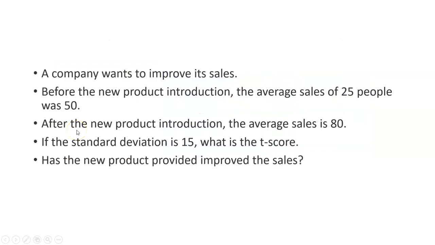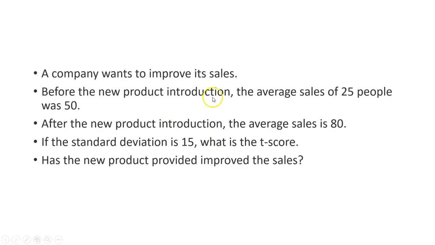Let's first take a scenario where a company is trying its best to improve its sales. They are not able to meet the targets given by their stakeholders or the management. So they feel that the only way out is to introduce a new product. And after introducing the new product, their sales appear to increase. Now, can we use t-test here? Yes, of course, we can use t-test here, right?